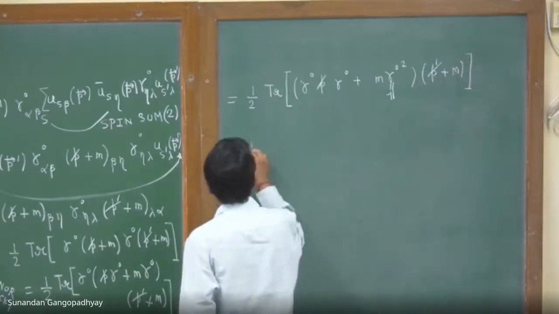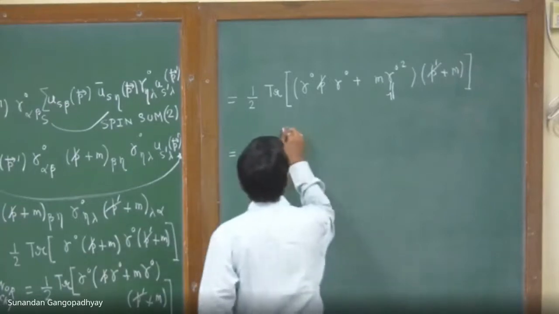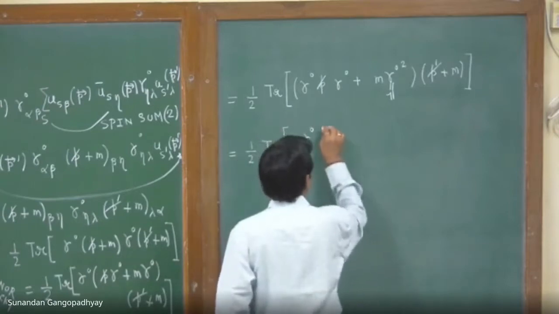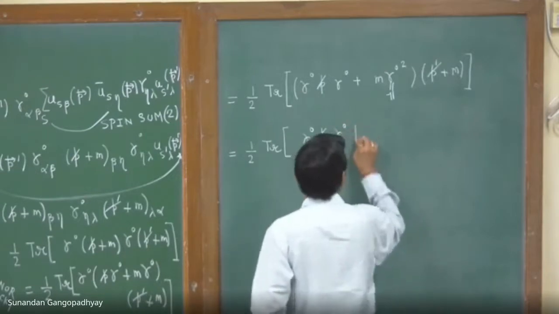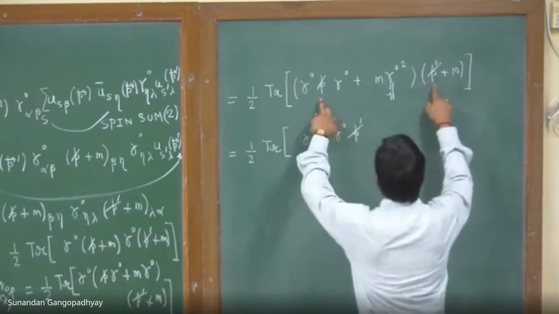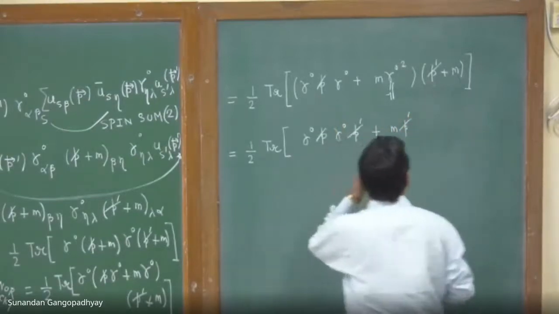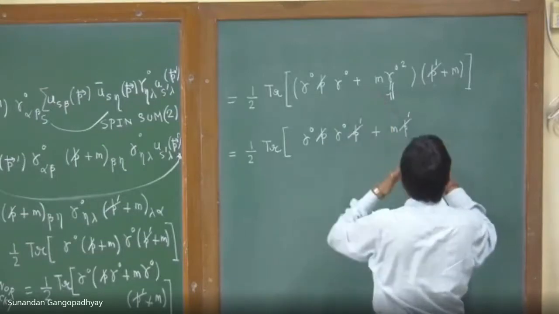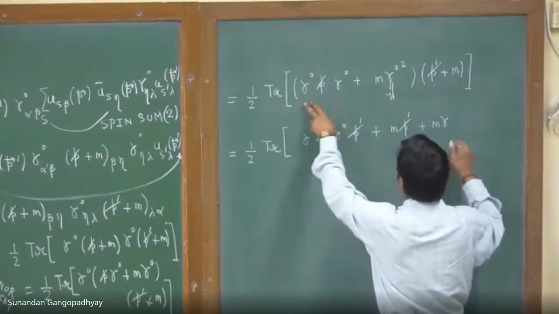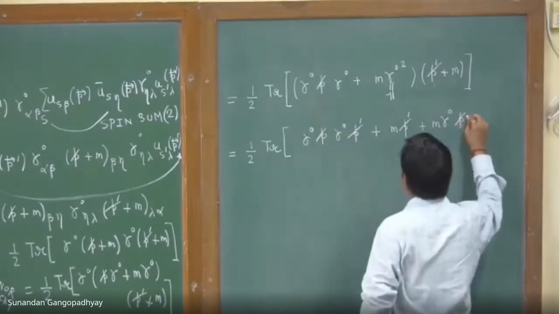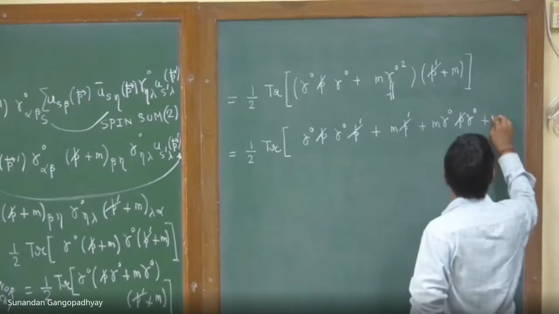That is equal to half trace of gamma 0 P slash gamma 0 P prime slash, so this multiplied by this, then we have m P prime slash, then we have this plus m gamma 0 P slash gamma 0, then we have this m squared.